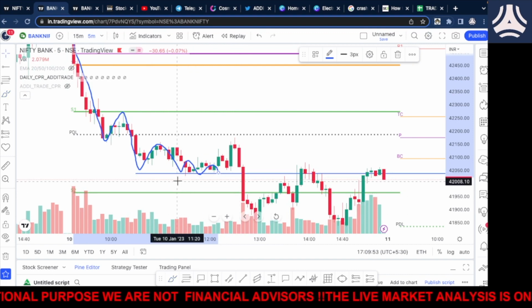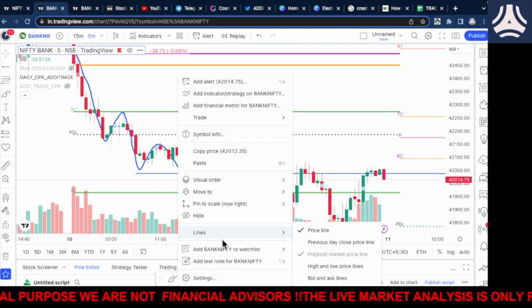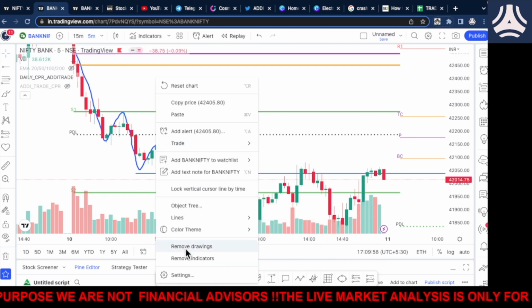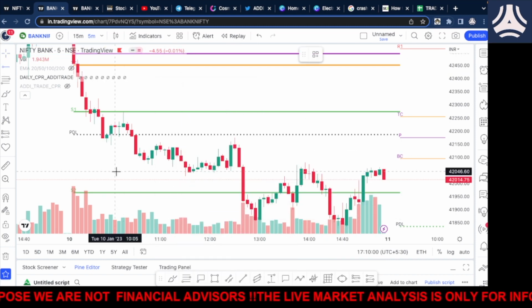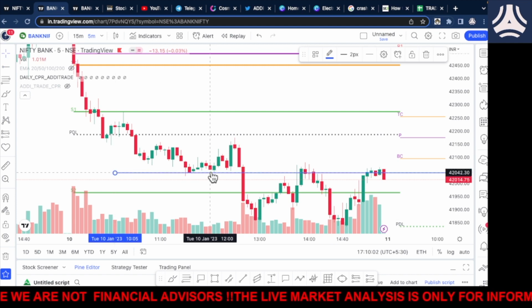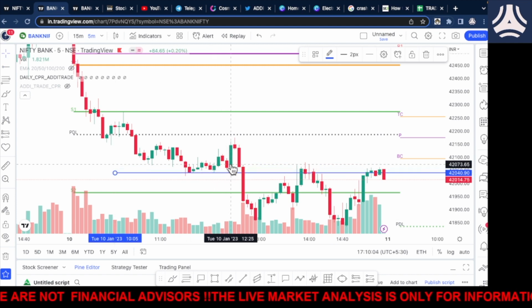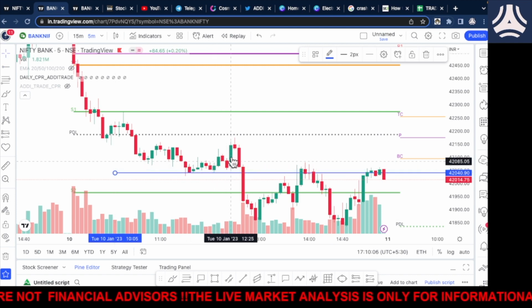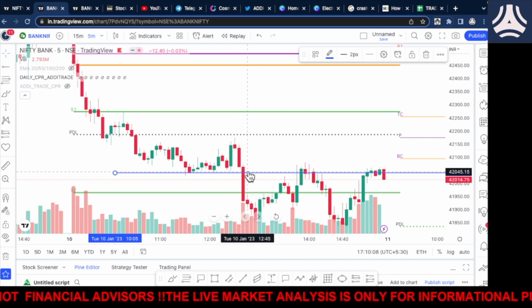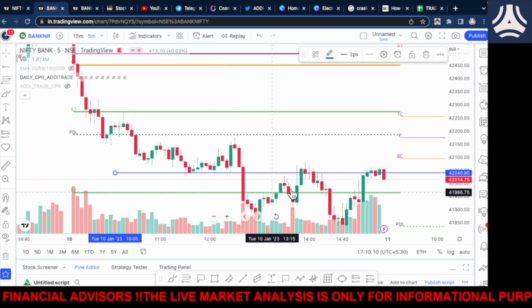If I remove all the diagrams, it'll be clear. So when we were not making a new low, somewhere in this candle we got out, and then again we did some scalping over here, but ultimately the target hit.